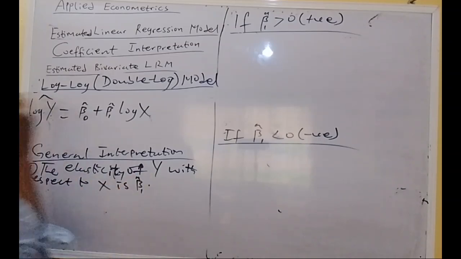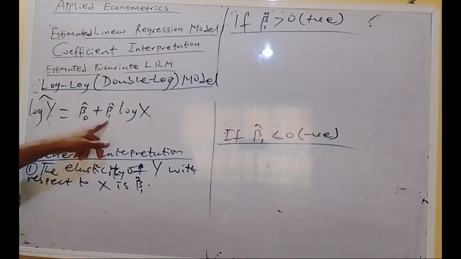So that is one interpretation. Beta 1 hat here implies the elasticity of y with respect to x.